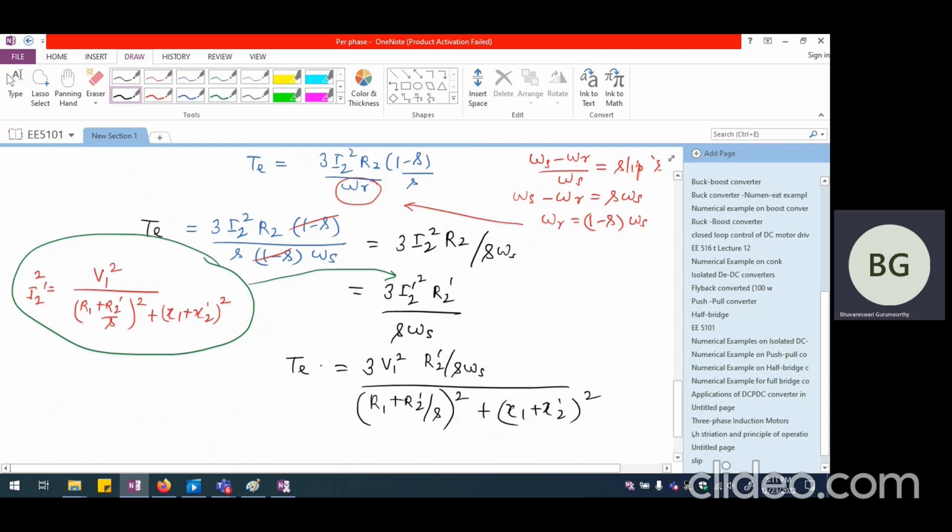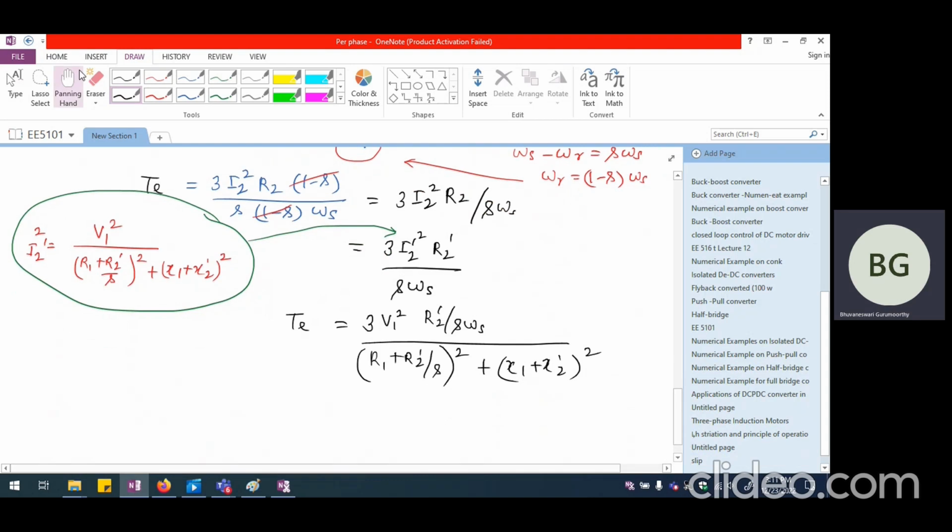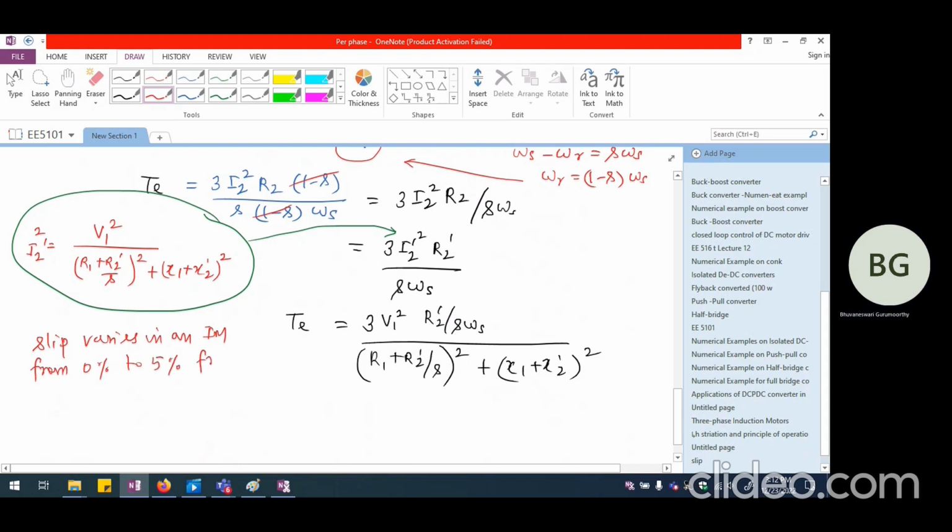And I already said that the slip in an induction motor, even under complete rated load condition, generally varies from 0% to 5% or 7%, from no load to full load condition.